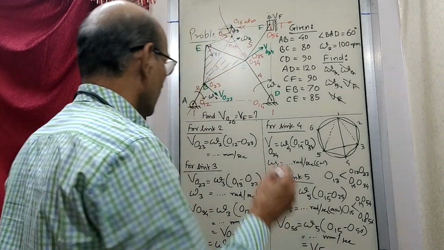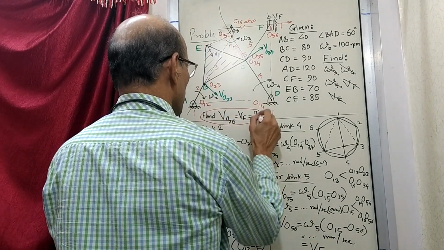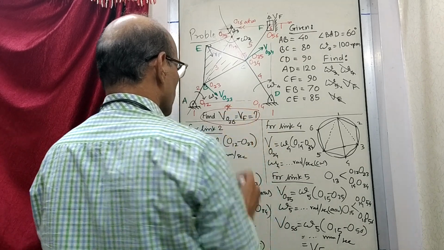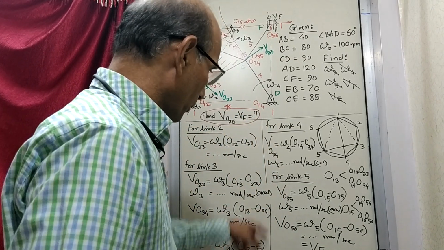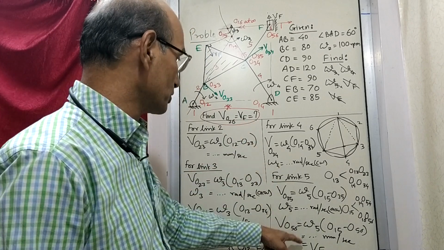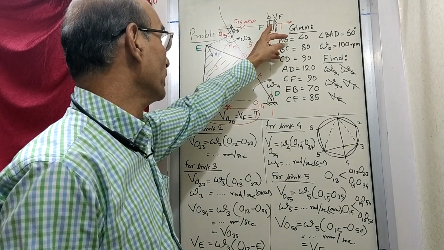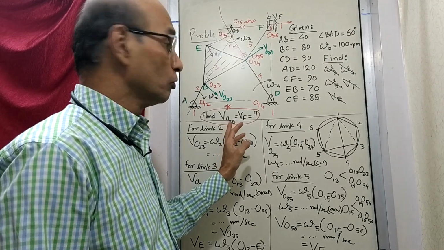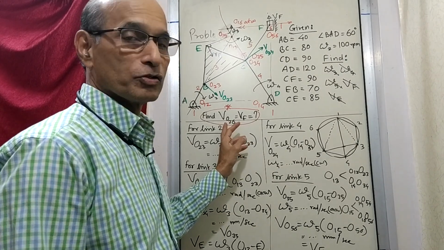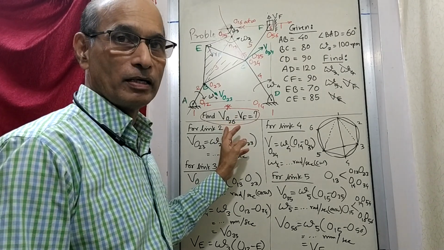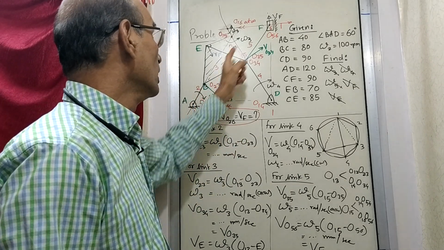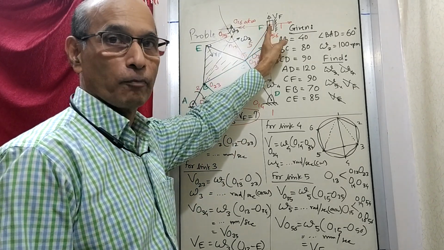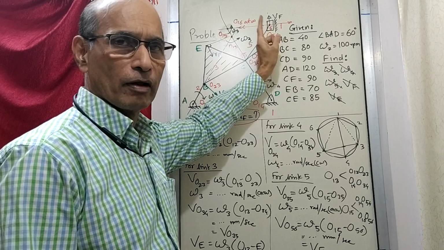For that, whatever ICs are required, that you can find out. So continue the problem further and find out velocity of f, that is this point, which is equal to velocity of 0.26. Now 26 is a point which is on link number 2 also and link number 6 also. So any point on link number 6, their velocity will be same.